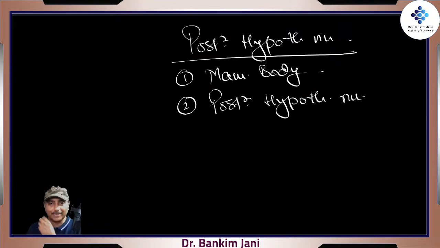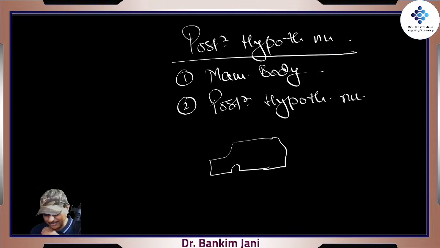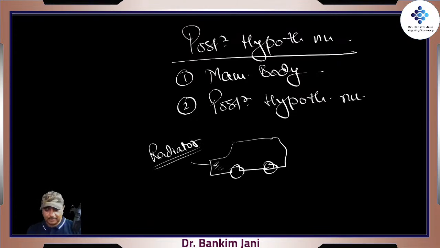Now this posterior hypothalamic nucleus, once again we call that our car, right? So over here was the radiator. And this particular radiator, when the engine was getting warm, it was acting as a coolant.